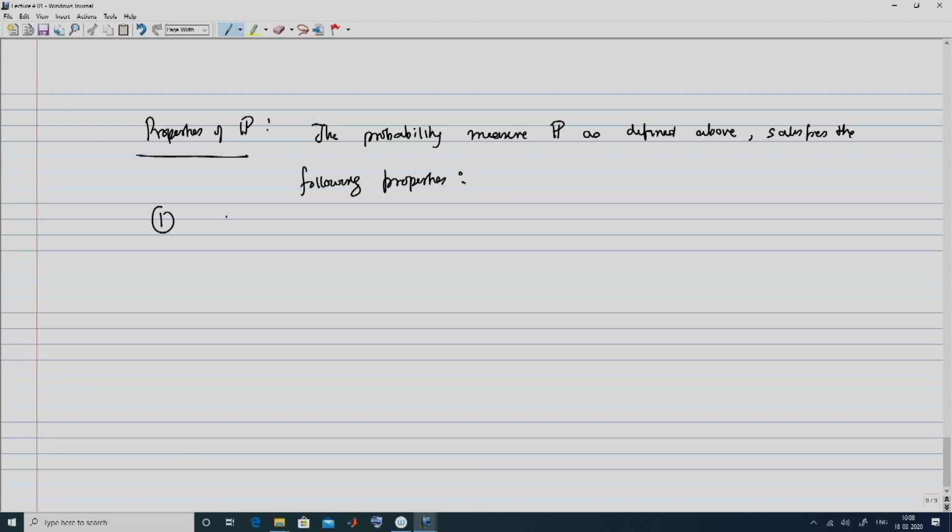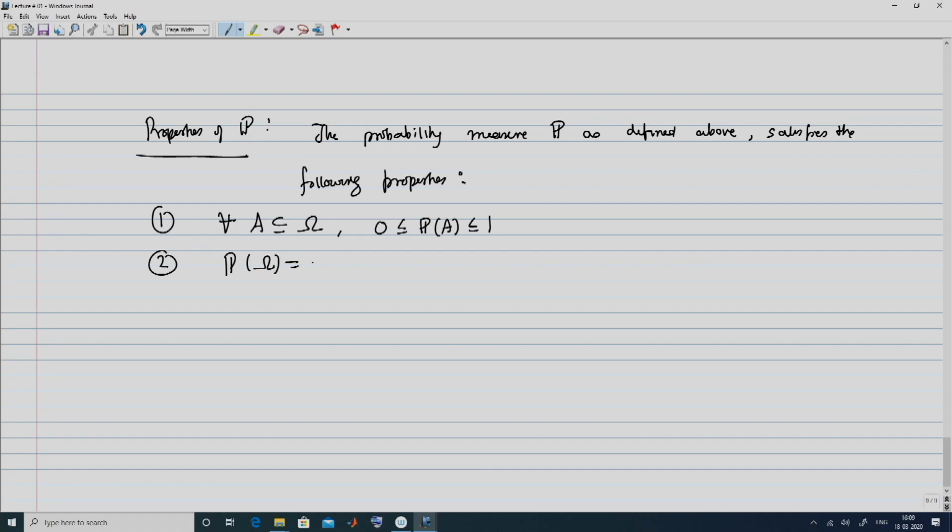The first property is the range. As before, for all events A in omega, 0 is less than or equal to P(A) is less than or equal to 1. So, the probability lies between 0 and 1 both inclusive.